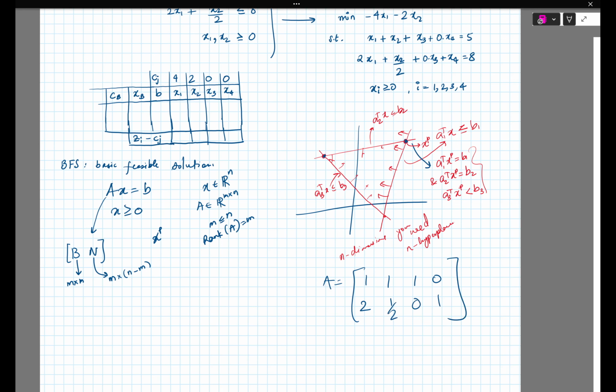Okay, and what I said is you can split this, and you split this in such a way that this B is non-singular, that is rank of B is equal to m. Sorry, it should not be singular, it's non-singular.